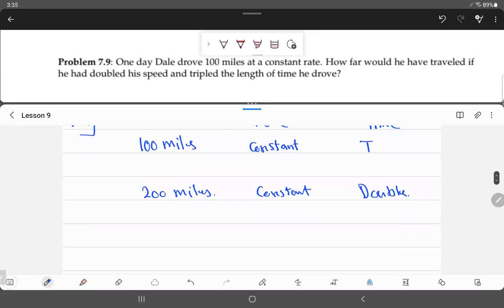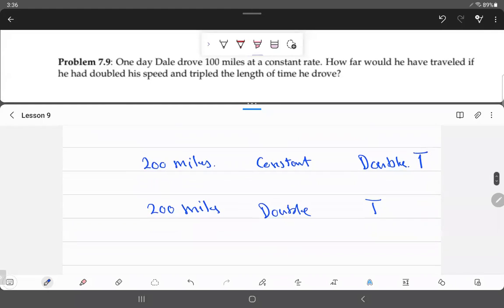Okay, what about if the miles is constant? Double the time here, double the t, and the speed, the rate, would have to be doubled. So what do we have?